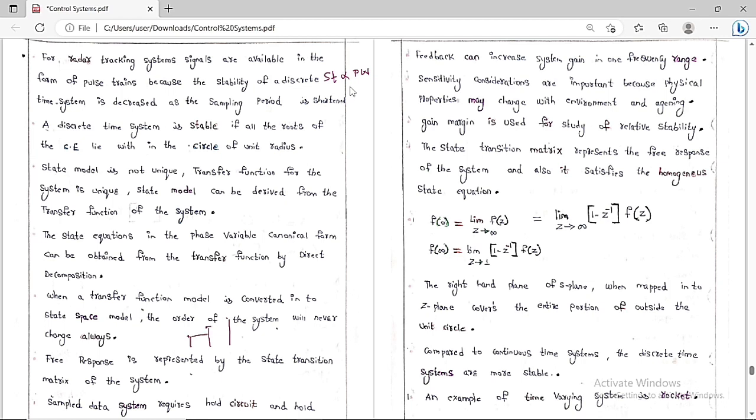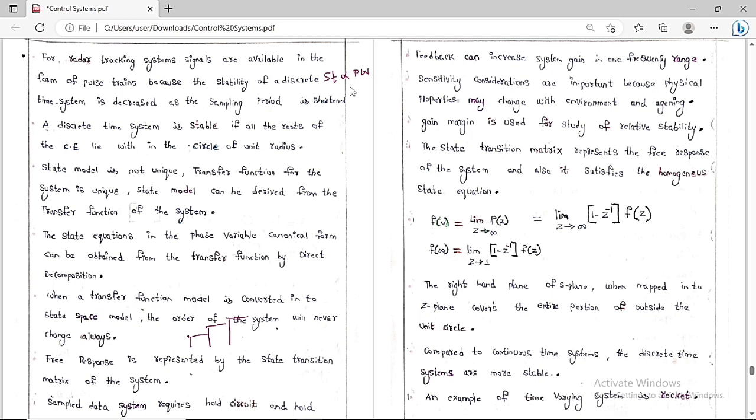So it is converting a digital signal to an analog signal. So we can say a sampled data system requires the hold circuit and the hold circuit converts the digital signal into an analog signal.